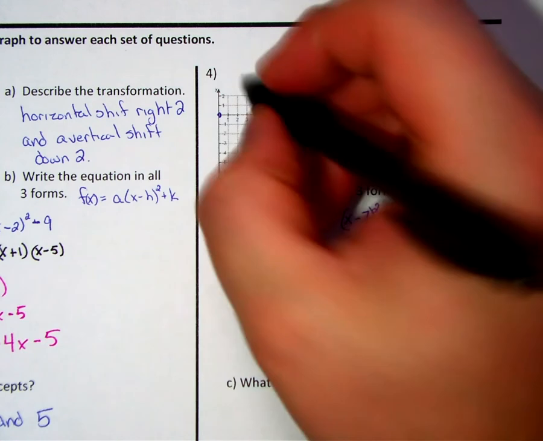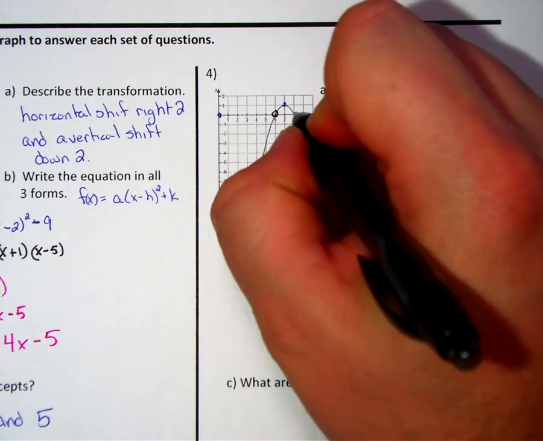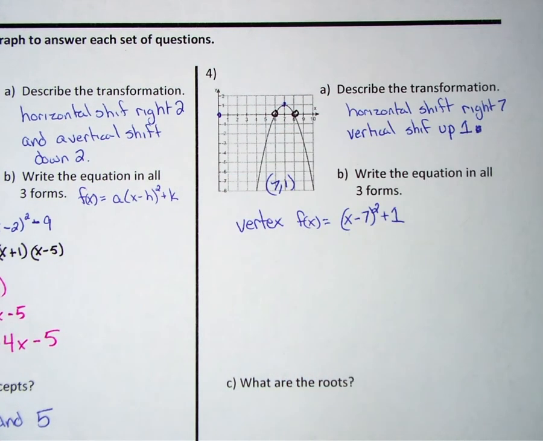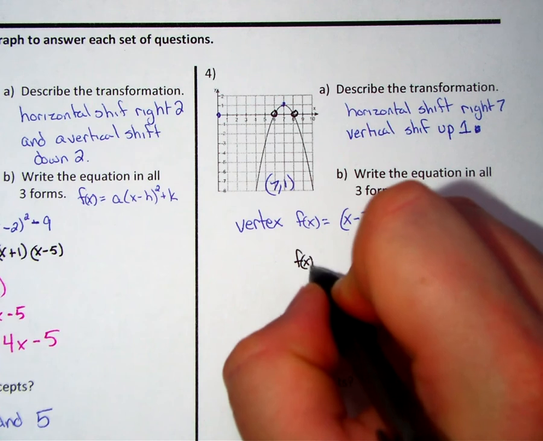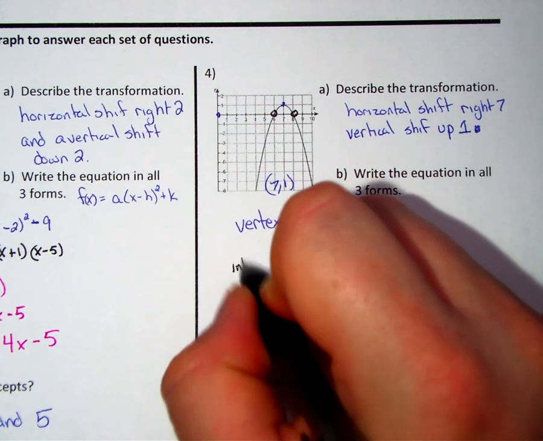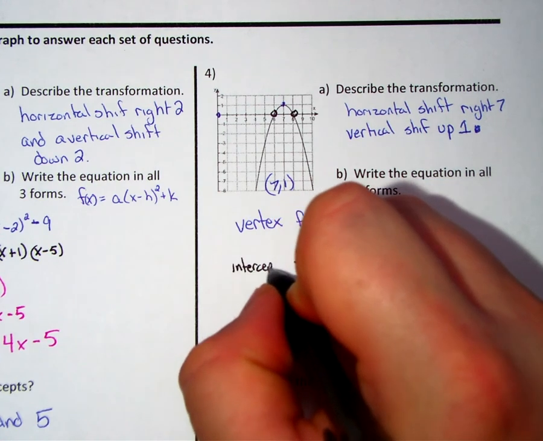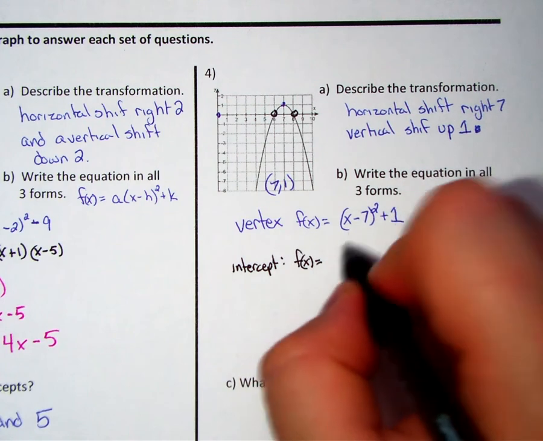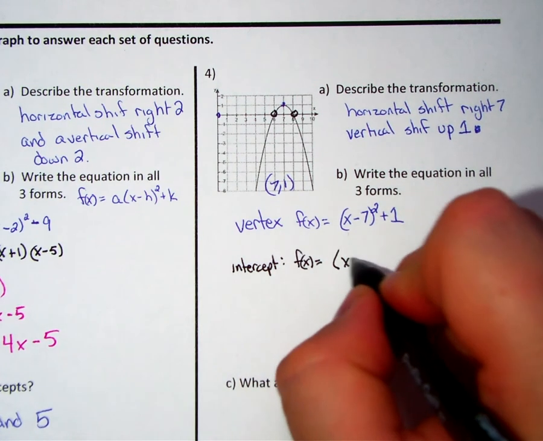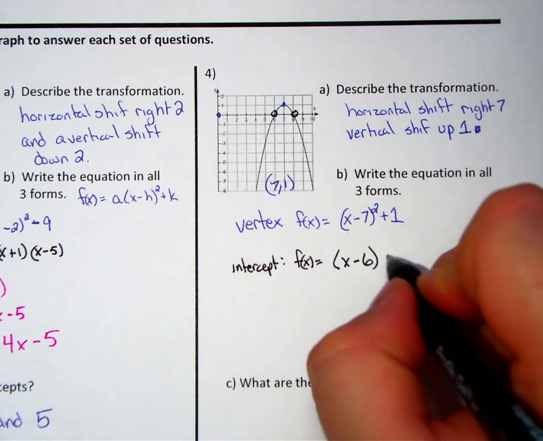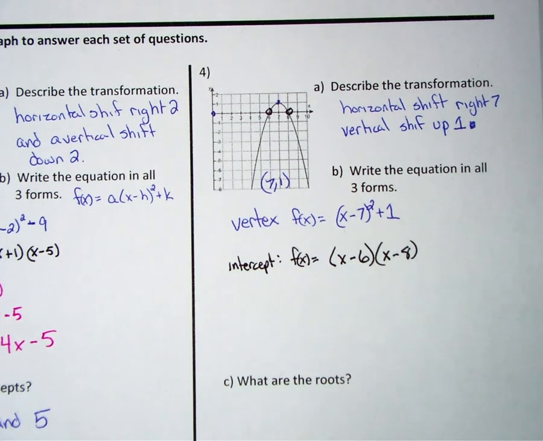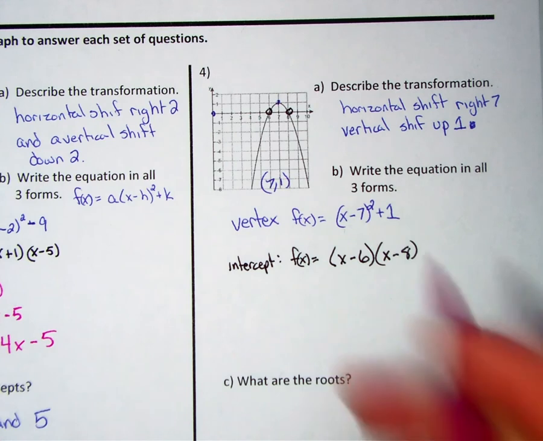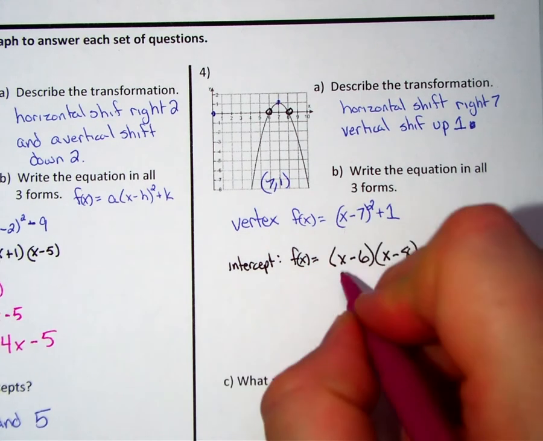And that's not it for vertex form. Now for intercept form, we want to know where our intercepts are, which appears to be 6 and 8. And again, we're going to put the opposite values. So f of x is equal to x minus 6, x minus 8. All right, and then finally we want standard form.